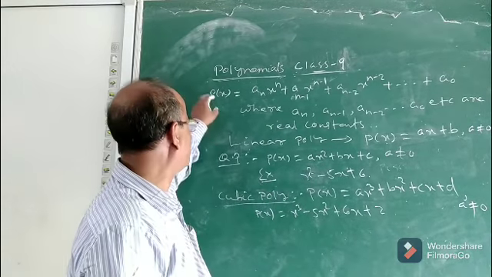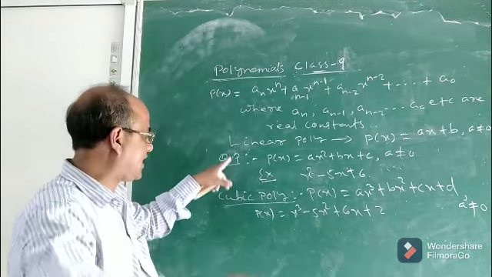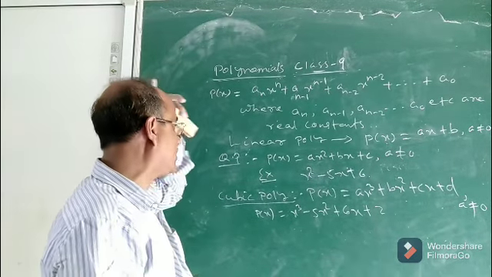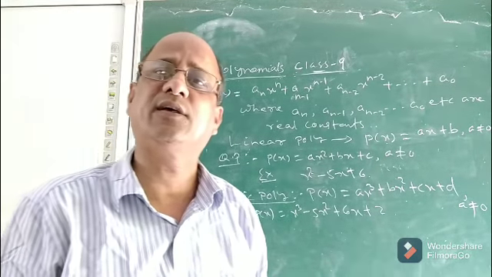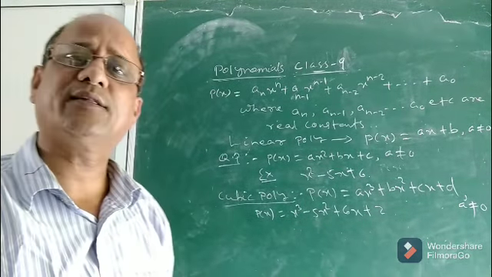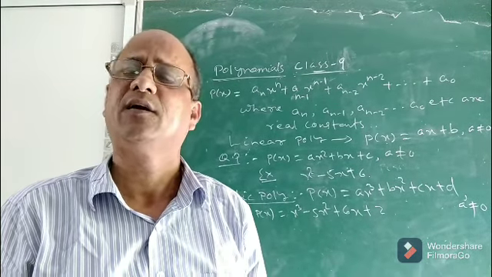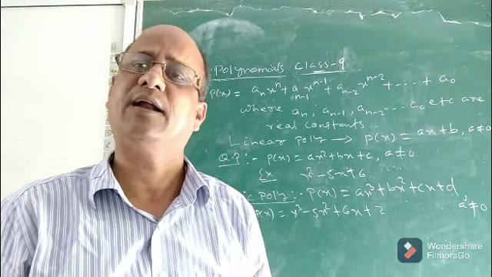So this is all about polynomial, degree, standard form, then different types of polynomial: linear, quadratic, cubic polynomial, etc. Then we will discuss in the next class other polynomials like the constant polynomial. This was there in class 8, I remembered. Children, we will discuss it later, okay?